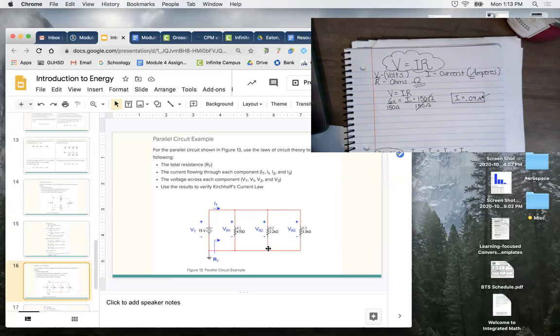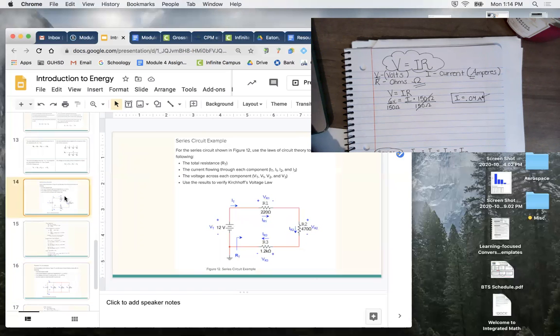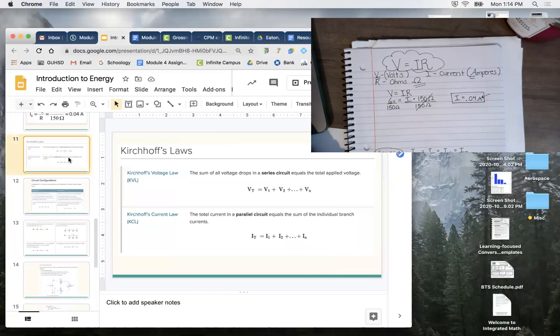It has parallel lights. This is how Christmas lights used to be built, in this parallel idea. So we're going to be talking about a series circuit and a parallel circuit and the similarities and differences between those two things.